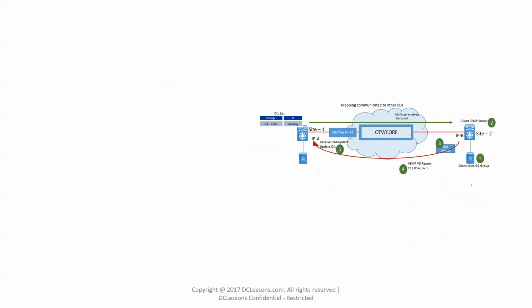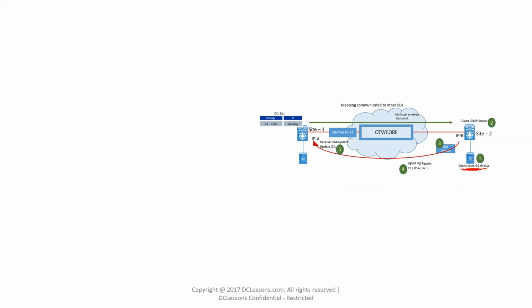Now let's suppose the client on site 2 sends the IGMP join report to join the G1 group. So let's suppose this client is interested in receiving the multicast stream for group G1, which indicates that the host on site 2 is interested in receiving the multicast stream sent by the site 1 source.